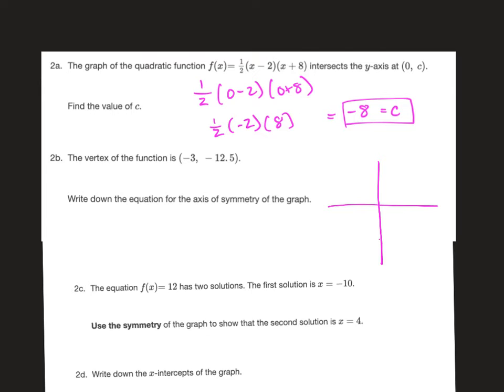We know that at -8 the function is crossing, and at (-3, -12.5), about there, we've got the vertex. That means the axis of symmetry is right through there, so it's just going to be x equals -3. That's all they're looking for.